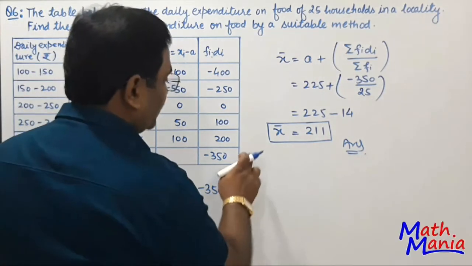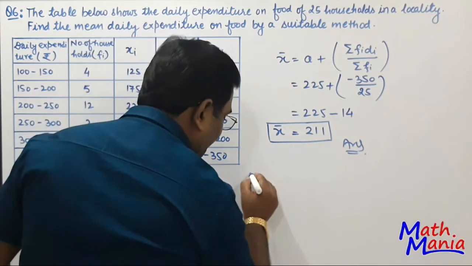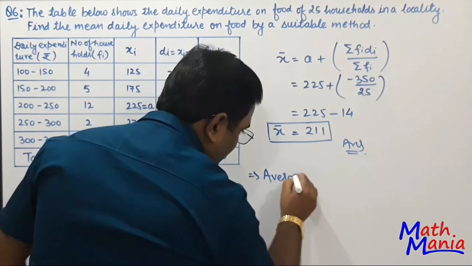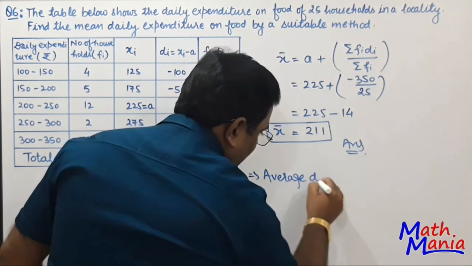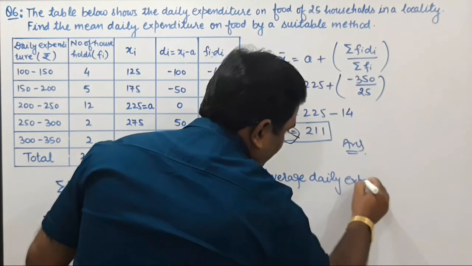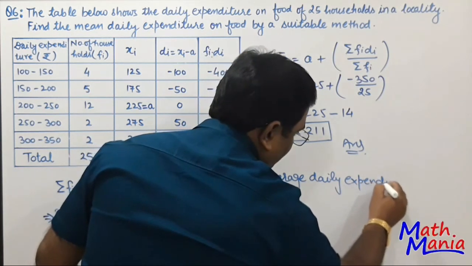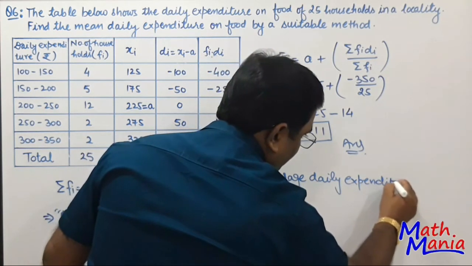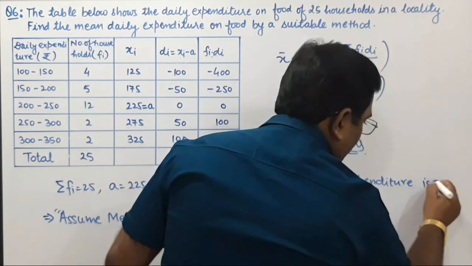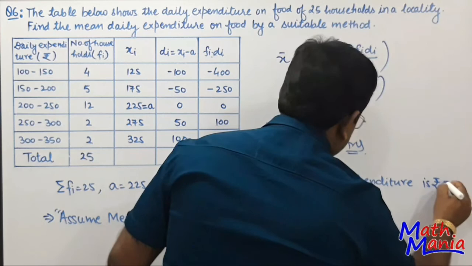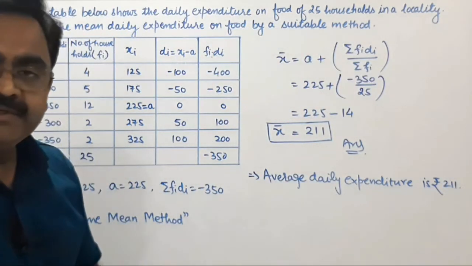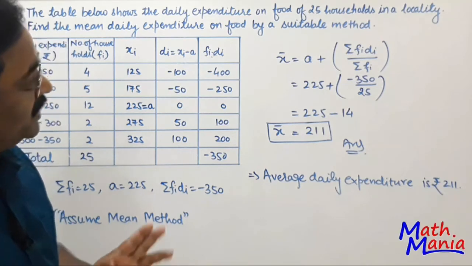So our average daily expenditure is rupees 211. Right, friends? So the method is clear.